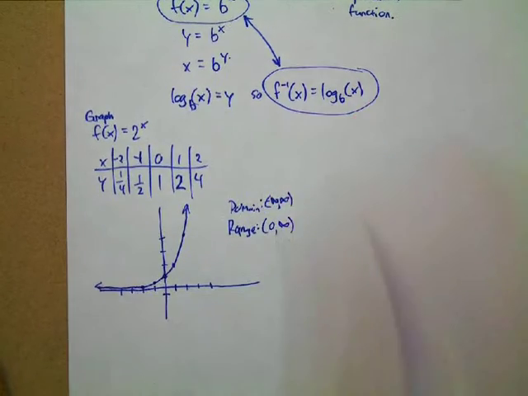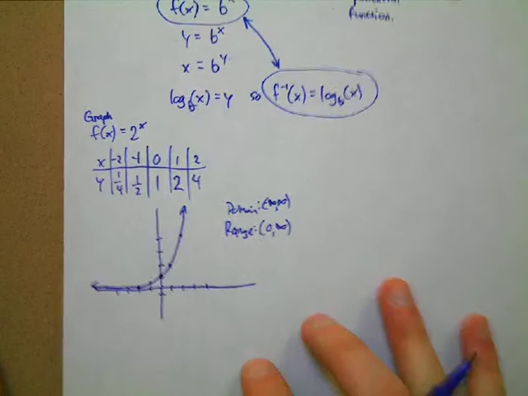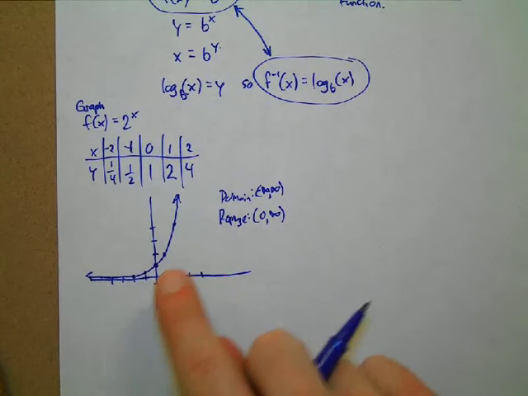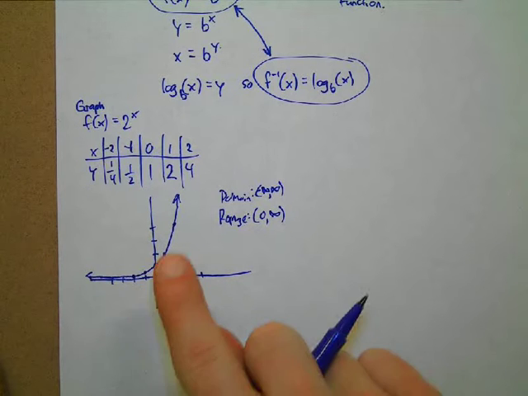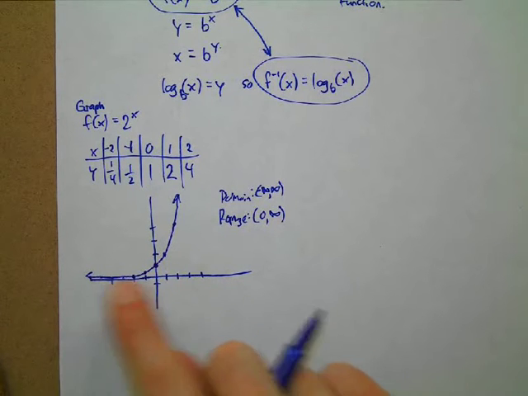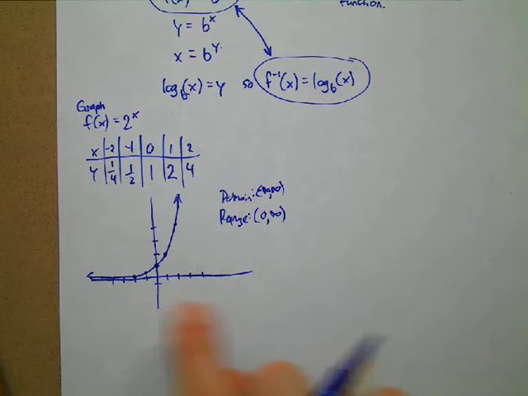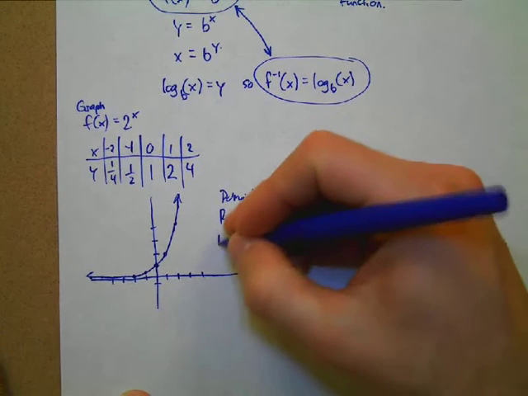Since our function approaches the x-axis, getting closer and closer, what other special thing do we have here at 0? A horizontal asymptote at y equals 0.